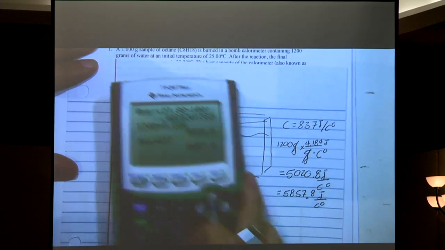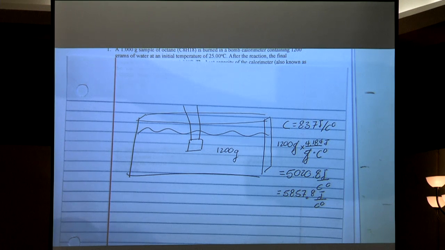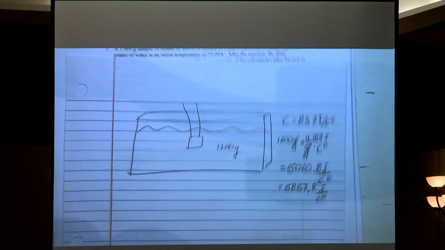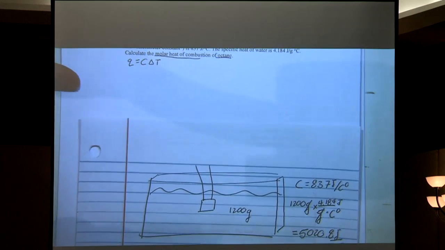So that's going to be my C, my heat capacity C, for my calorimeter. Questions on just getting the heat capacity C? All right, so I'm going to put that here.